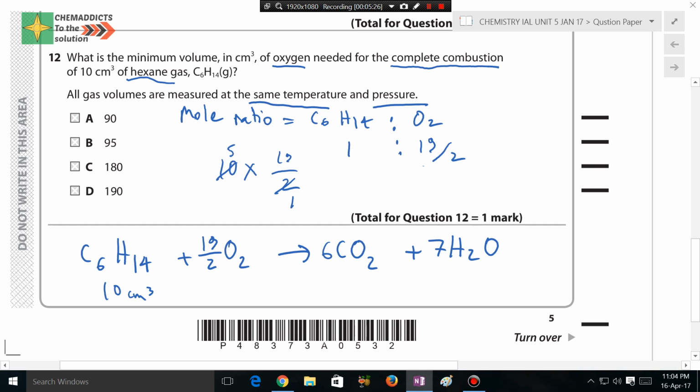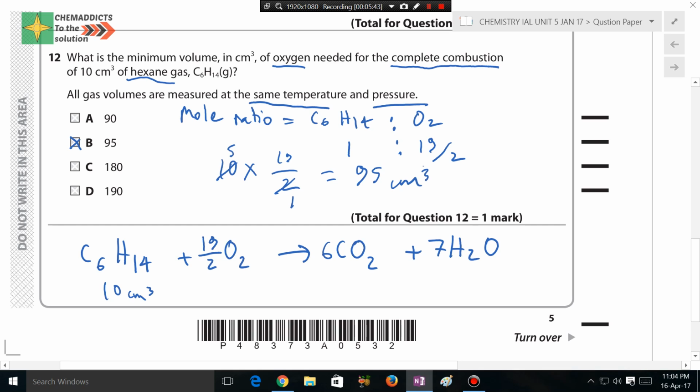If we cancel this out, 5 nines are 45, 5 ones are 5, 5 plus 40 is 95 cm cube. So we end up getting 95 cm cube.